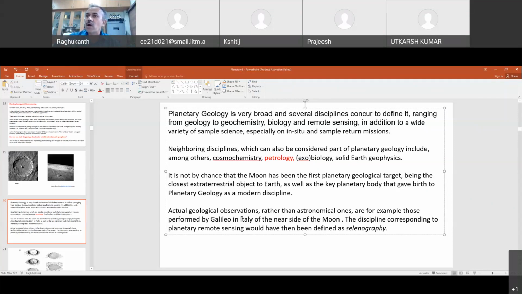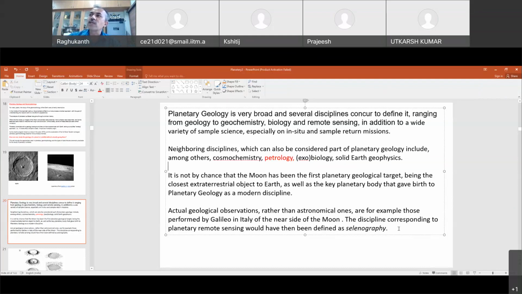You can say these are the disciplines corresponding to planetary remote sensing. When people were doing remote sensing on the moon, they used to call the subject selenography also. These are some peculiar names. It is essentially remote sensing of other planets.